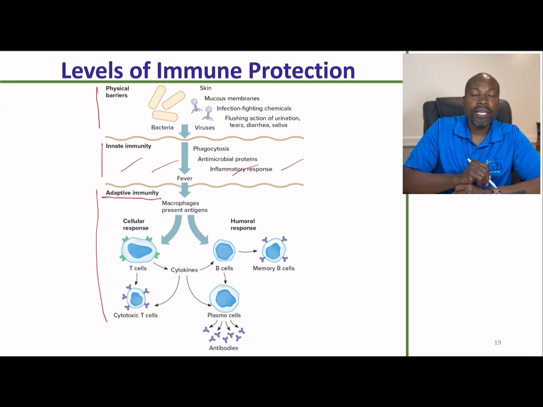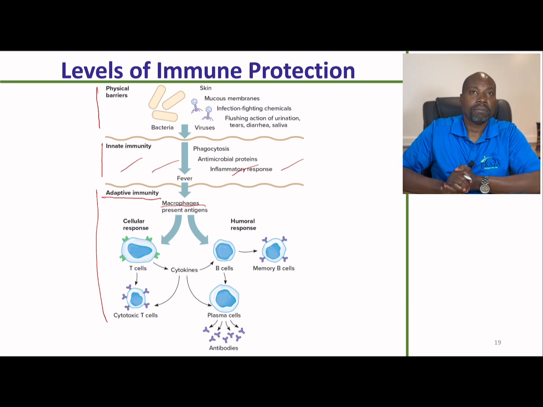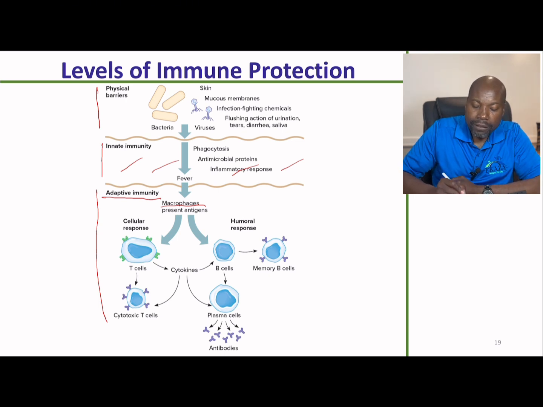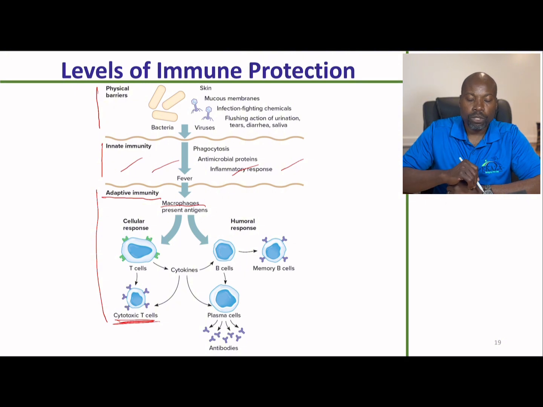In the adaptive immunity here, the antigen presenting cells, so the macrophages, are going to present antigens, okay? And by presenting these antigens, we are going to have T cells that are going to come into play and neutralize the cells that are carrying antigens.